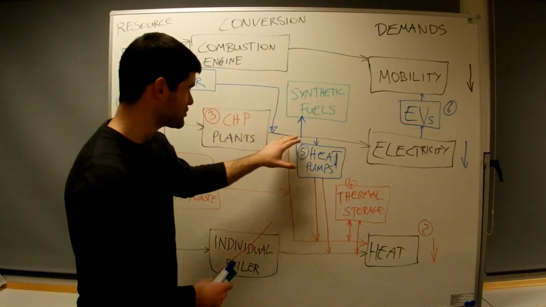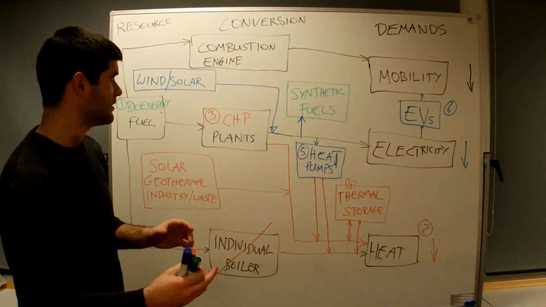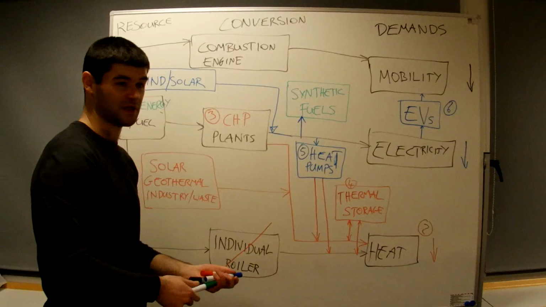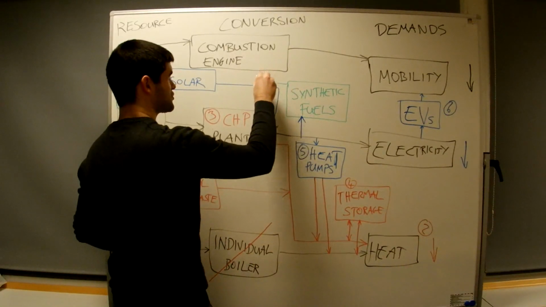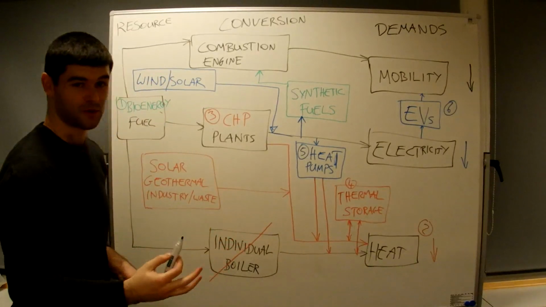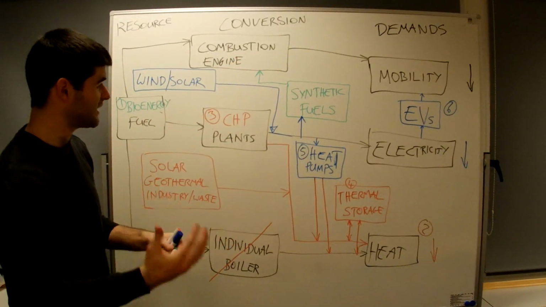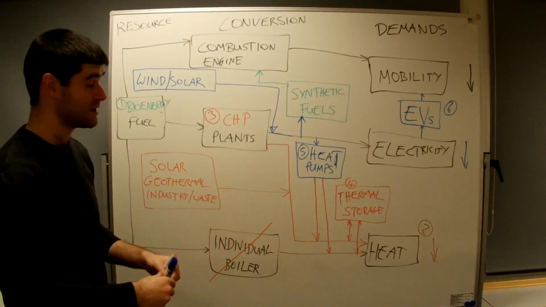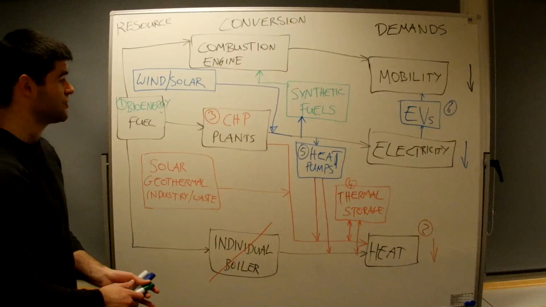So I produce hydrogen with electricity, combine it with carbon, and from that combination I can produce some form of hydrocarbon which goes into a combustion engine. It can be a liquid hydrocarbon like oil, or a gaseous hydrocarbon like natural gas.